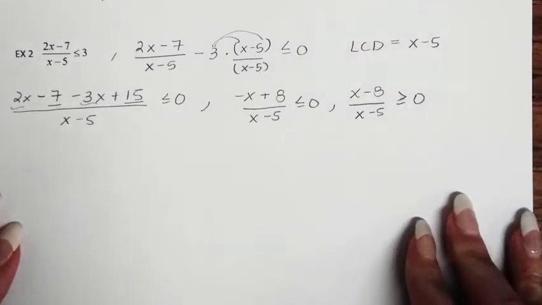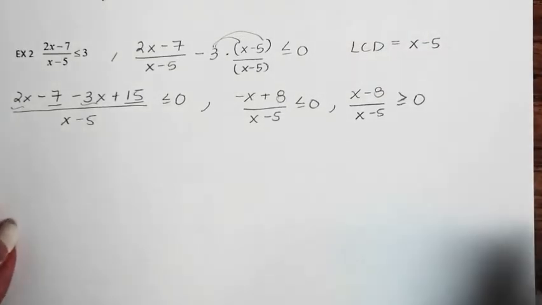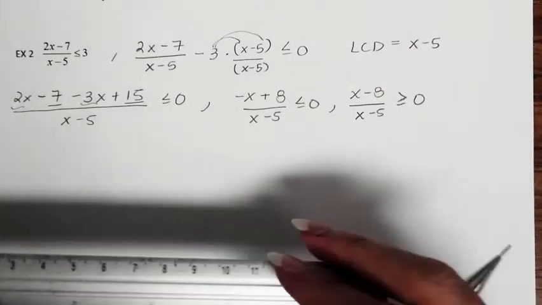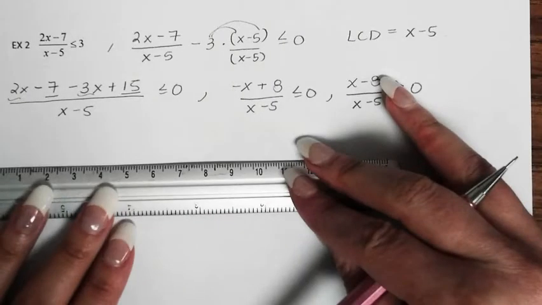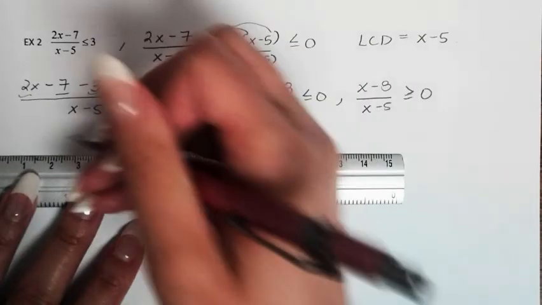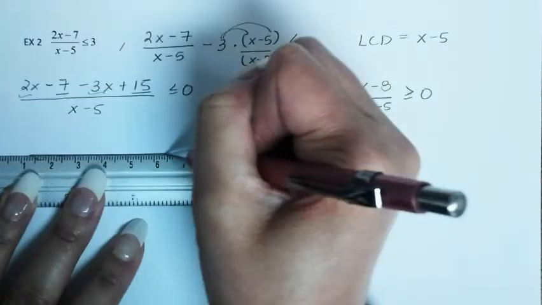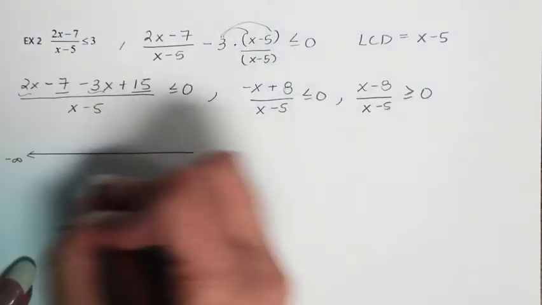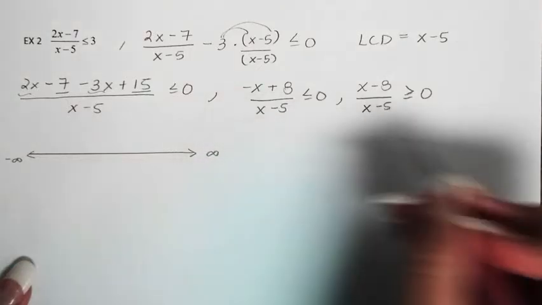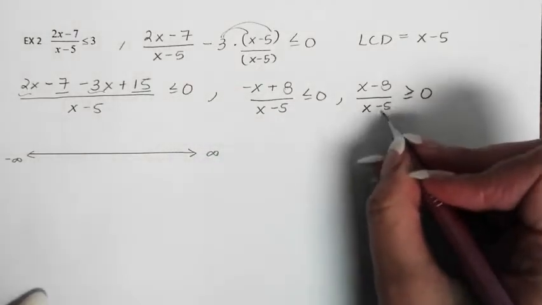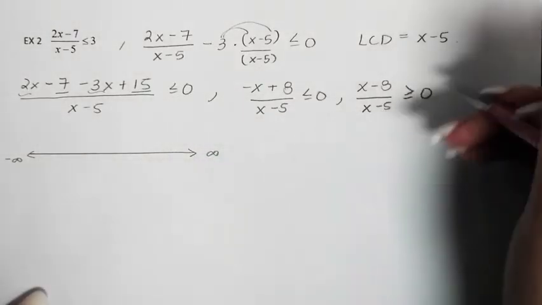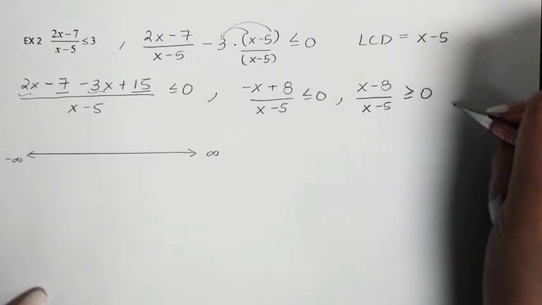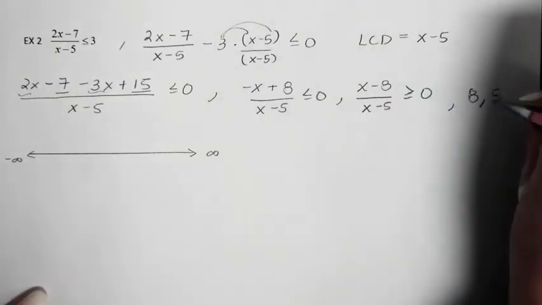Okay, so once you have this equation, we are going to do our number line again. So let me just create my number line here. I have that it starts at negative infinity, ends at positive infinity, and then the numbers that you want for this case are going to be 8, well, we don't want, and 5, right?